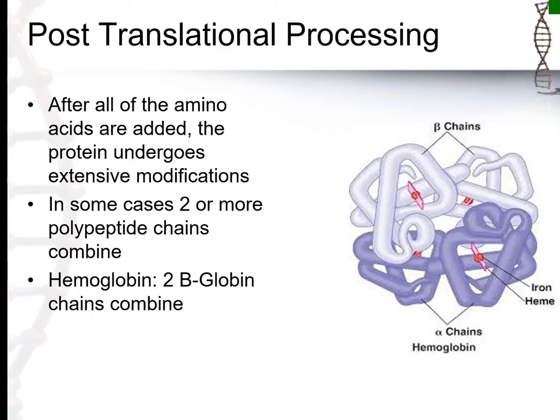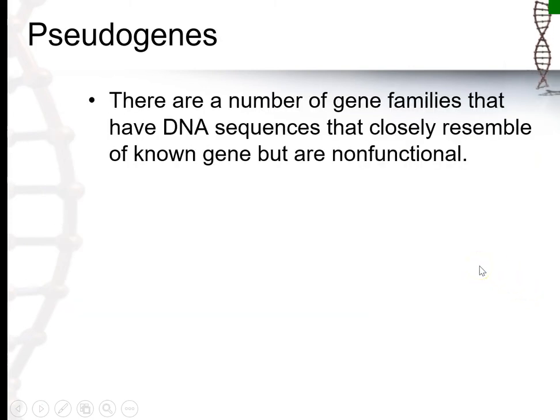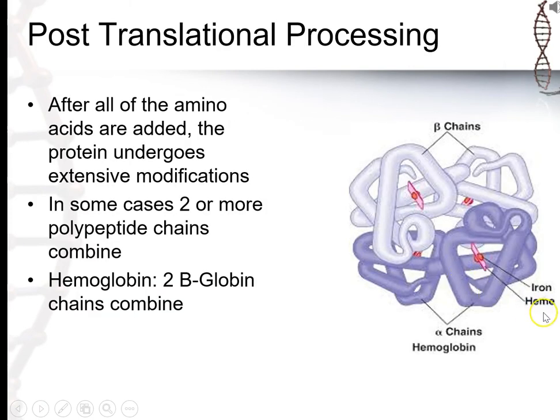After that, there's post-translational processing. Sometimes there are a number of turns that the protein needs to make, and sometimes, for instance in the case of hemoglobin, you need to put an iron in here. So if there's a mutation that causes the secondary folding not to work right, the iron may not fit together, or the two hemoglobin chains might not fit together.